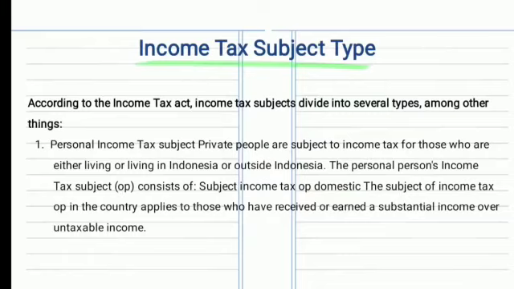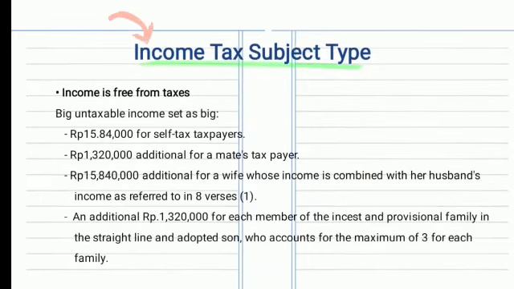The personal income tax subject or OP consists of the subject of income tax OP domestic and the subject of income tax OP in the country of place, for those who have received or earned a substantial income over untaxable income.